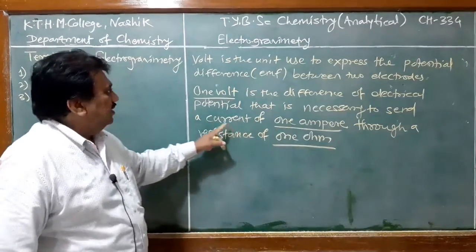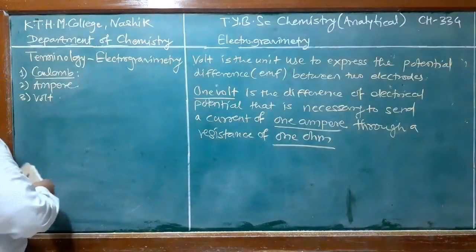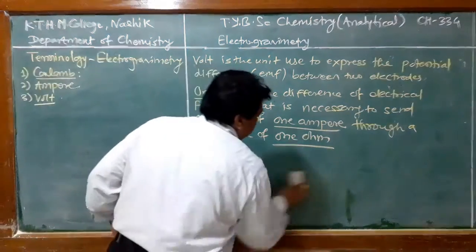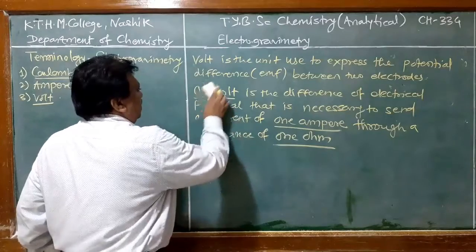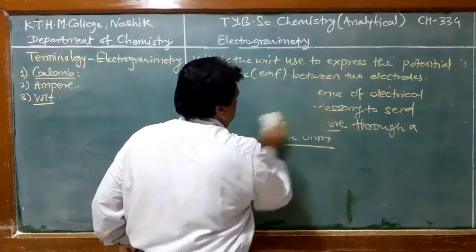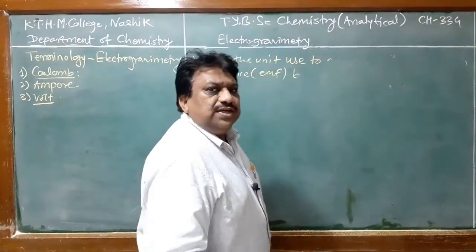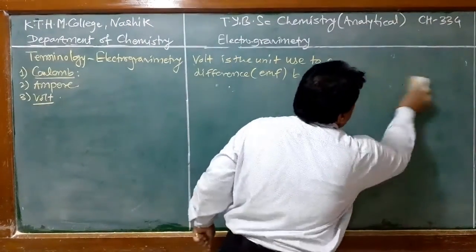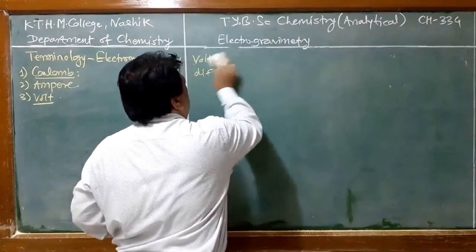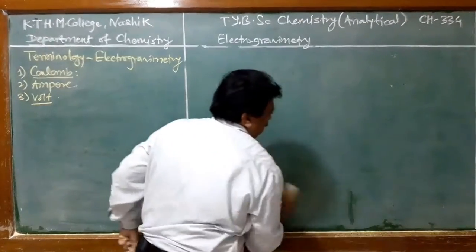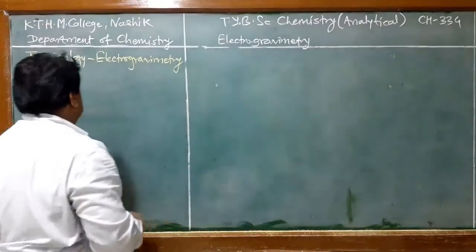And therefore, ampere and volt are the electrical units which measure the current strength and potential difference respectively.